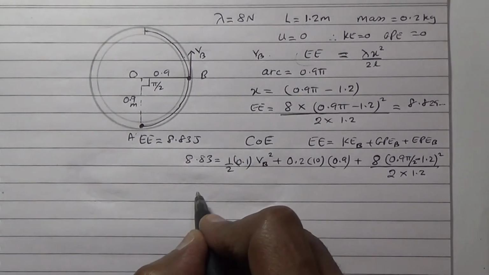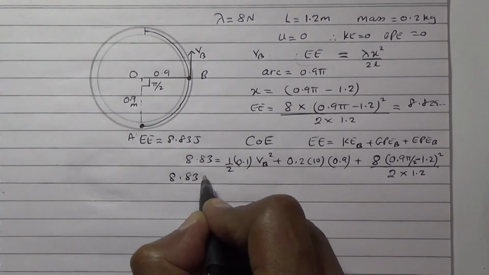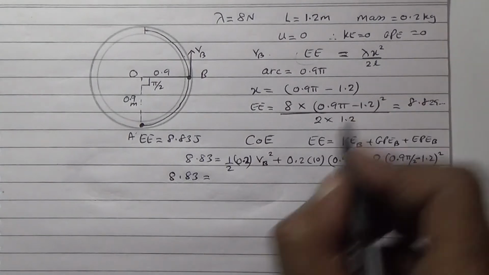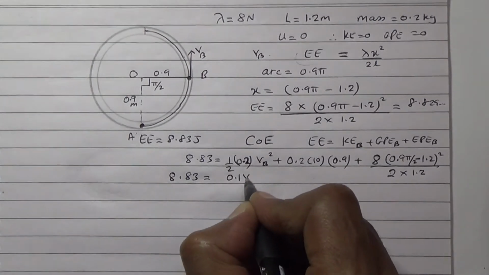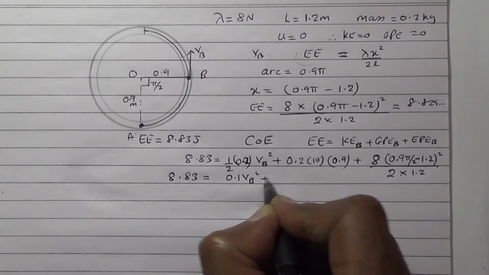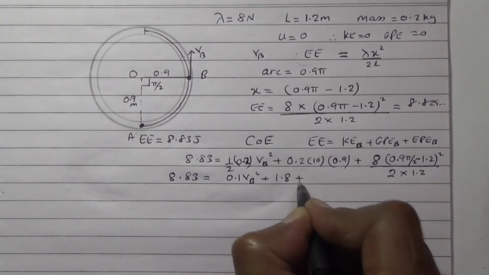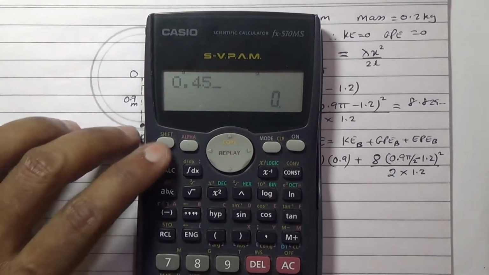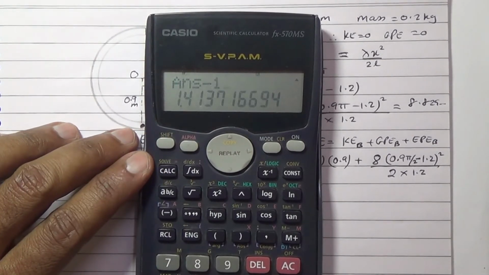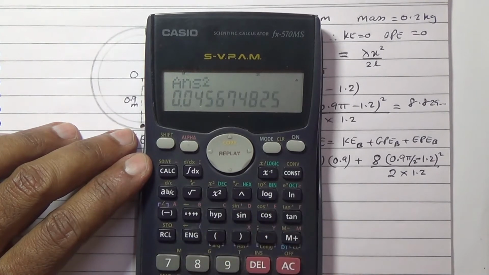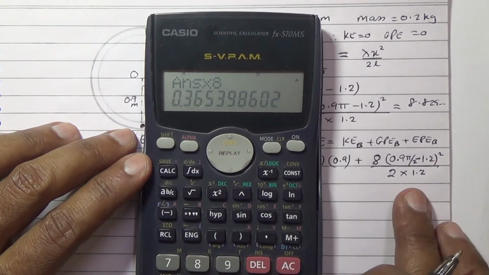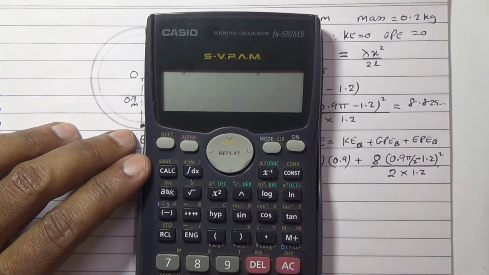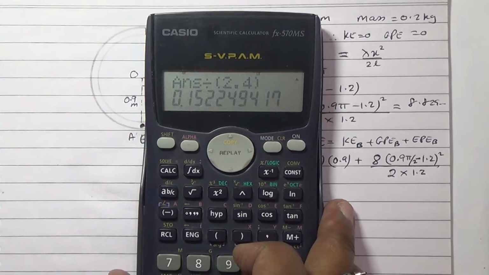Okay, so we've got 8.83 is equal to, this should be 0.2 here because the mass is 0.2, and so 0.1 VB squared plus all of that, which is 1.8, plus the elastic term divided by 2.4, basically 0.152249.